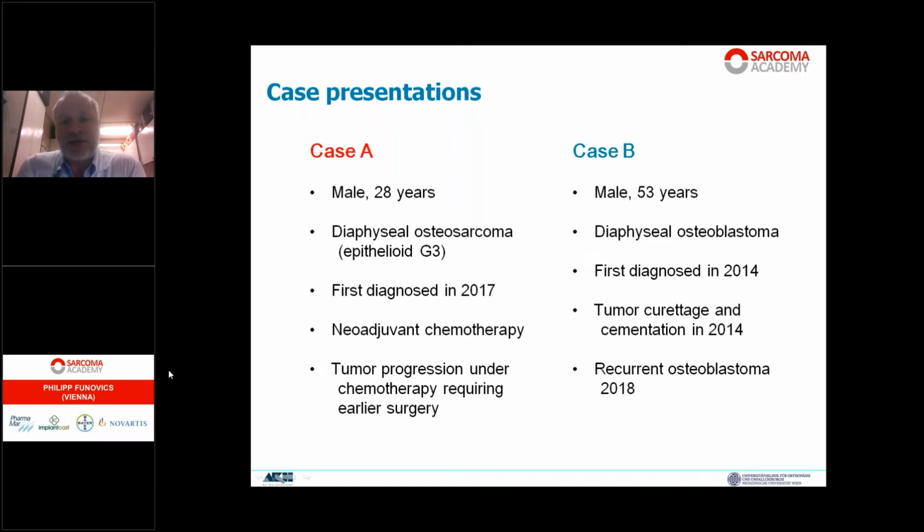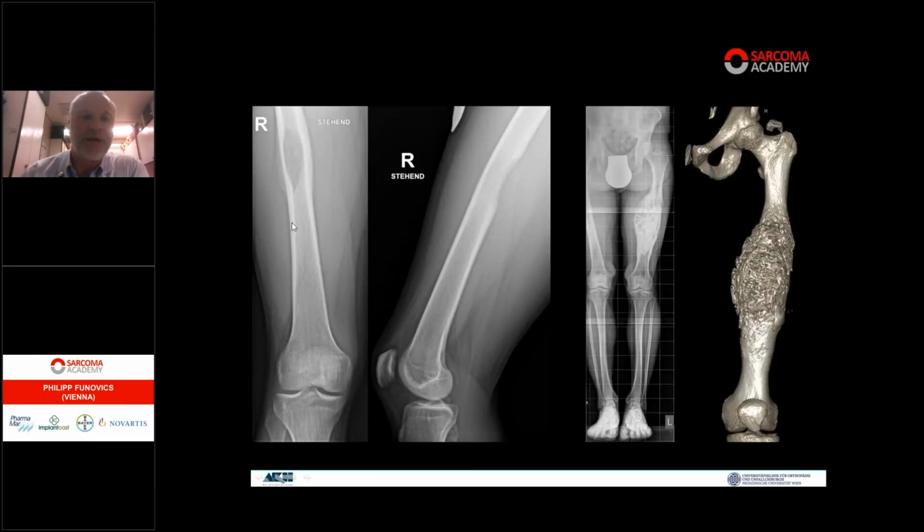Case 2 is a male patient, a little bit older. He had a diaphyseal osteoblastoma, first diagnosed in 2014. He underwent tumor curettage and cementation, but developed an extensive recurrent osteoblastoma. On your left-hand side, you see the lytic defect of the diaphyseal osteosarcoma in this femur with a large cortical defect, and here the vast expansion of the osteoblastoma in the diaphyseal shaft of the femur.